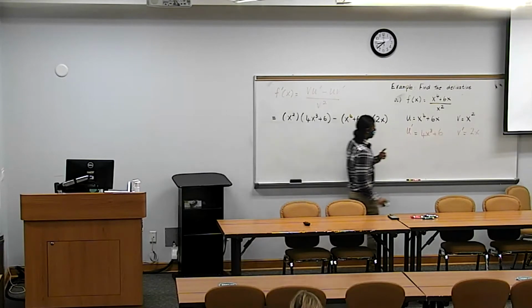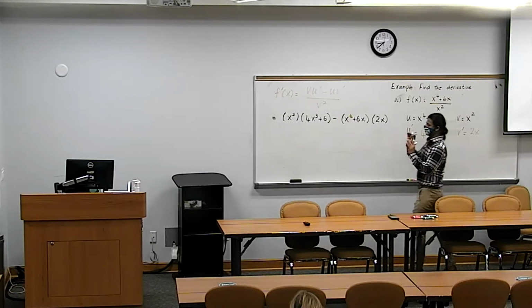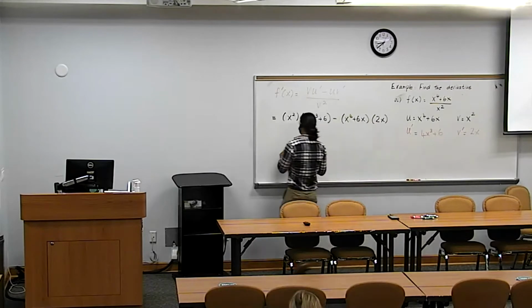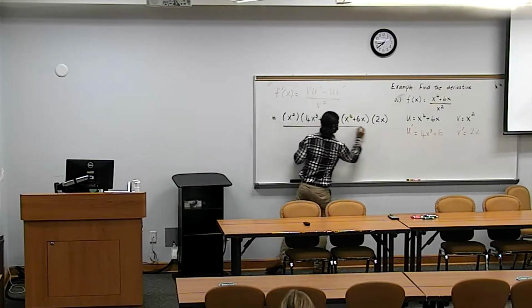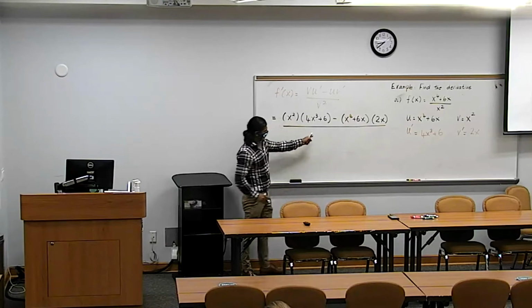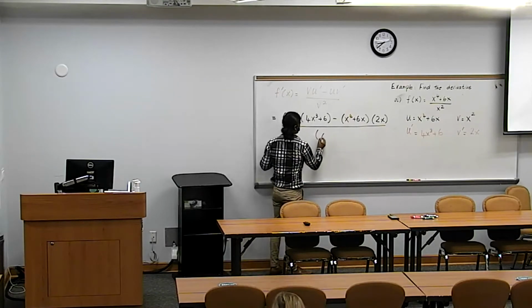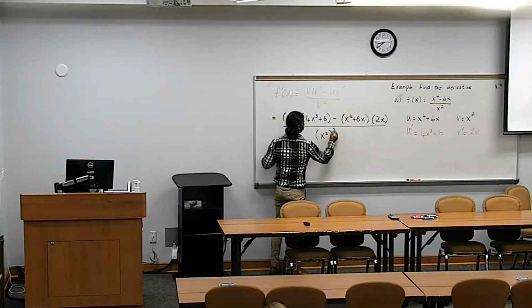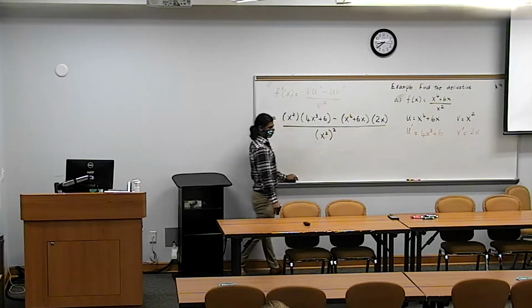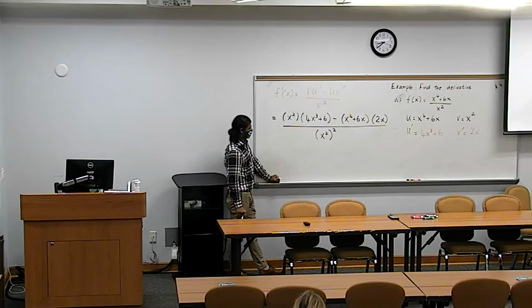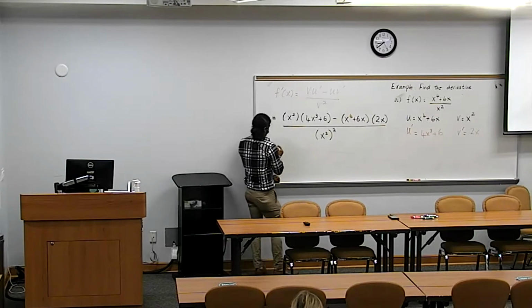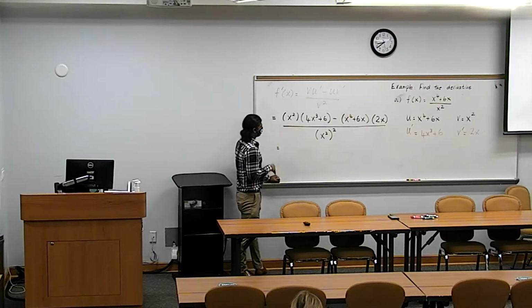Anytime you have an exponent, it's better to put it within parentheses so that you don't make mistakes. Denominator is v, which is x squared. I'm putting it within parentheses so that I don't make any mistakes. Good. We have to simplify.